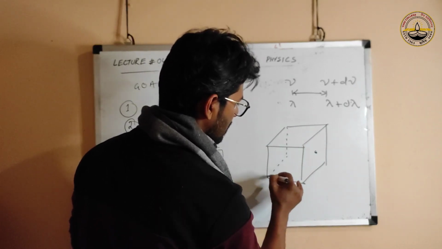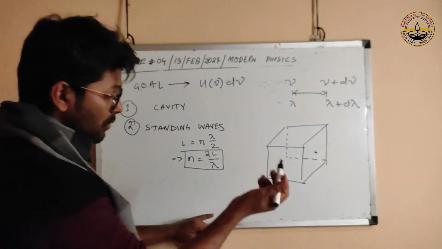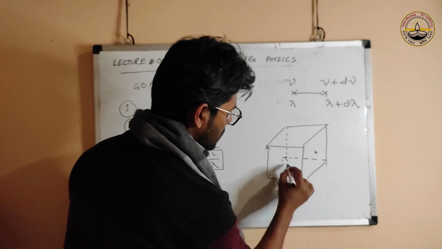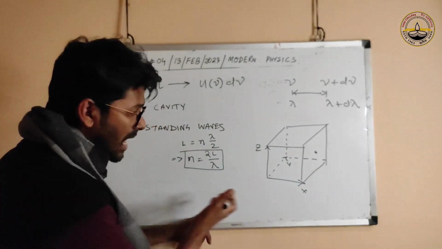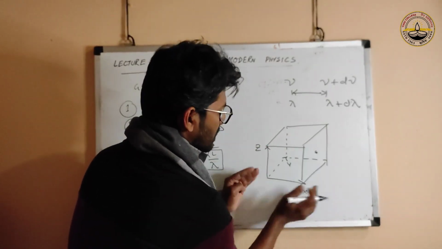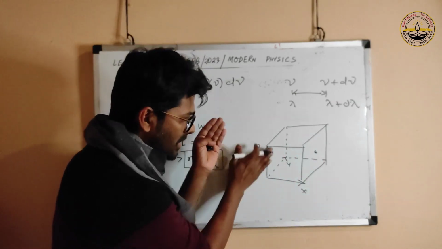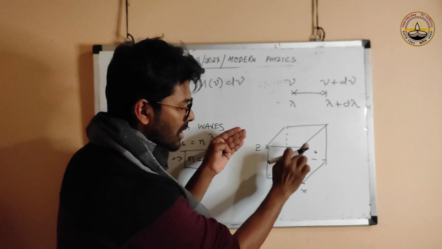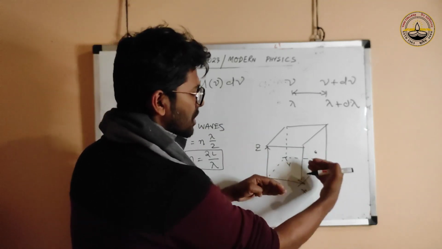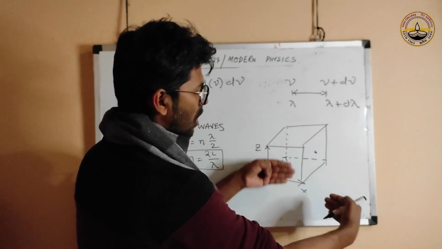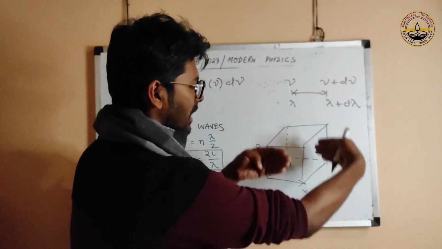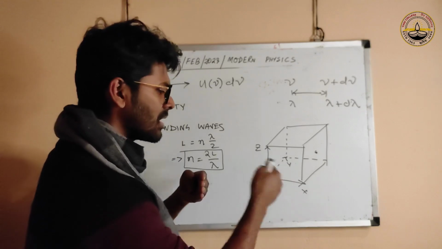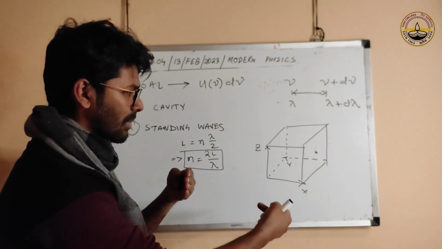Then we have three directions, X, Y, and Z. In the X direction, there is this wall and this wall, so waves can exist in standing wave mode between these two walls. In the Y direction, this wall and that wall will again have standing waves between them.